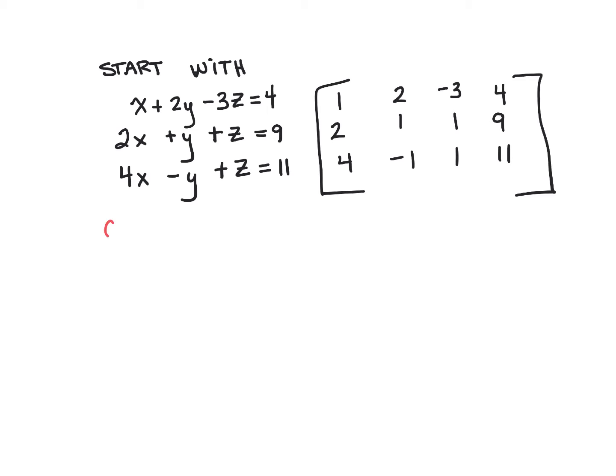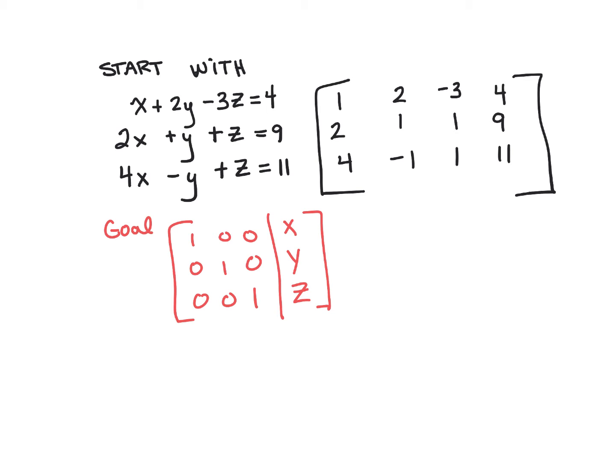So our goal is to get a matrix that has the identity matrix and then values for x, y, and z. And we're going to get these ones and zeros in a particular order.